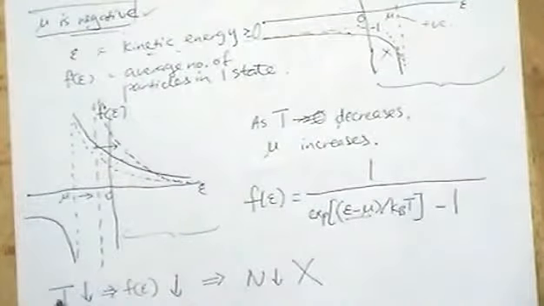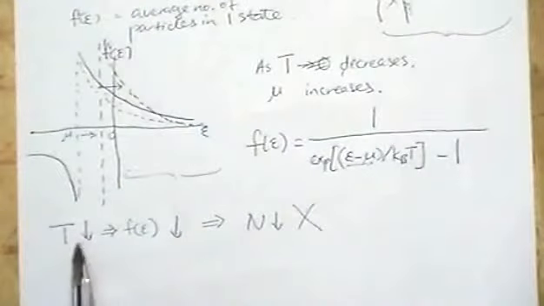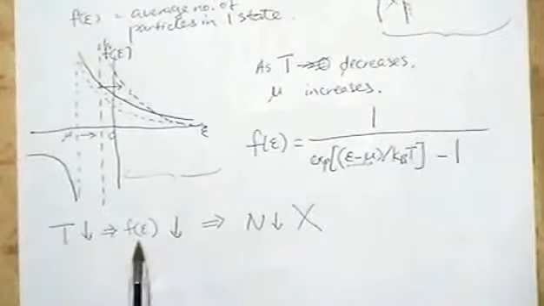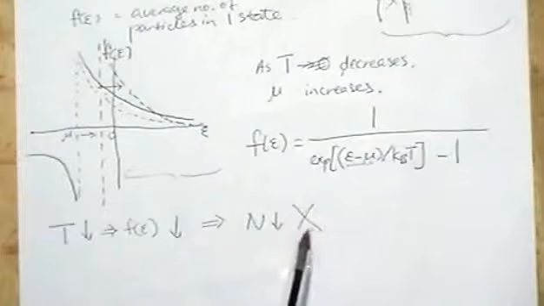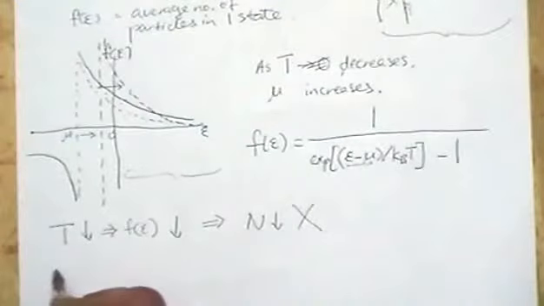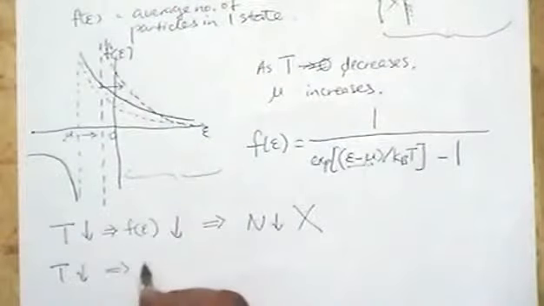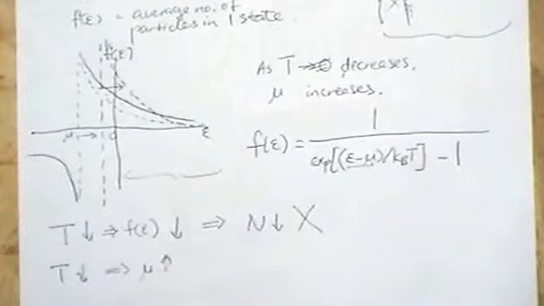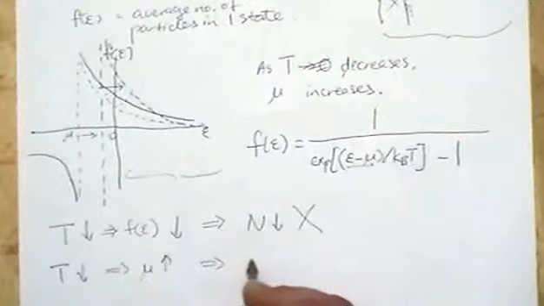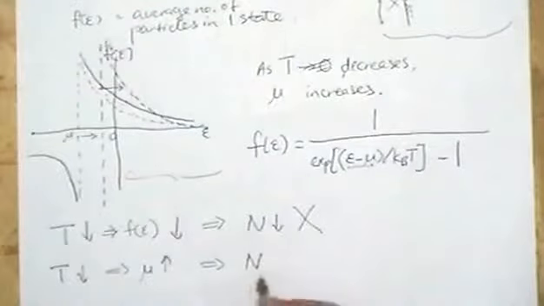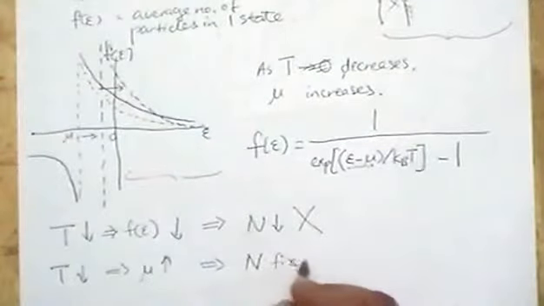Okay, so as you have seen, our previous reasoning that when temperature goes down, Fe goes down and N goes down, that must be wrong. And what is right, therefore, is that as temperature goes down, mu has to go up so that N remains fixed.